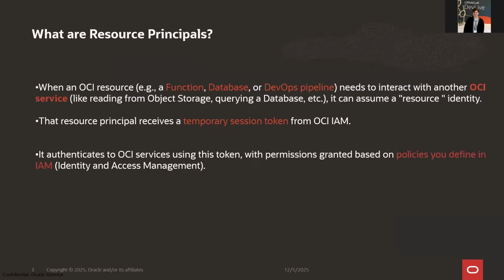So today we're going to mainly focus on resource principals, and to give you a little bit more detail on what resource principals are, when you have an OCI resource, in the case, say, of OCI function, an Oracle AI database, or even a DevOps pipeline, if you need that service to interact with other Oracle services, for instance, accessing an object storage bucket, or accessing just any resource on the OCI API, you can give that service its own identity.